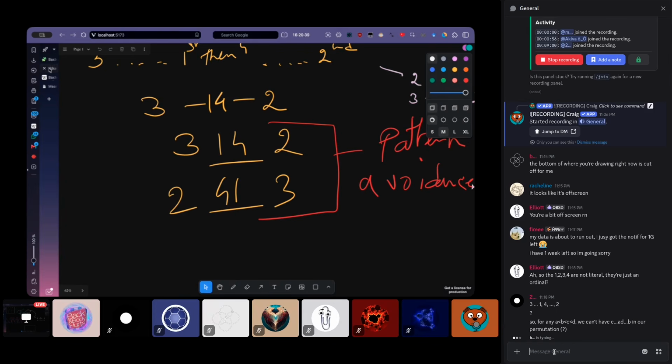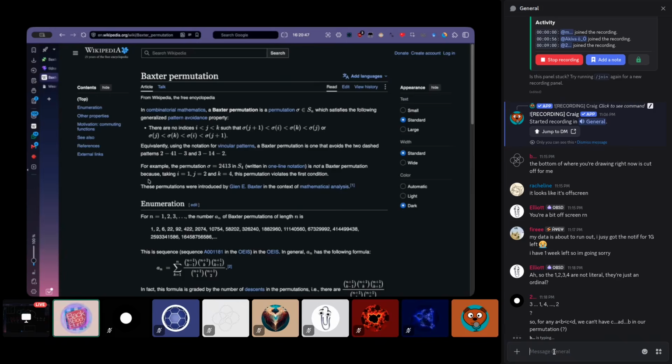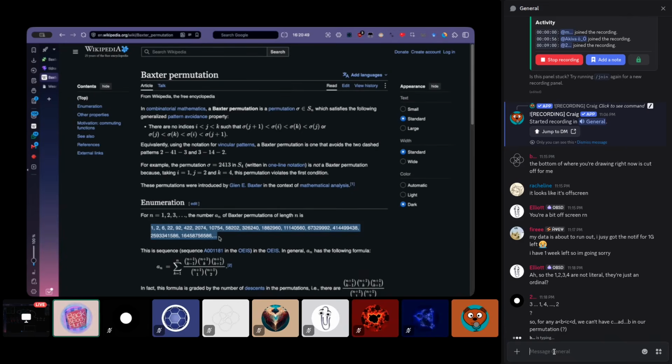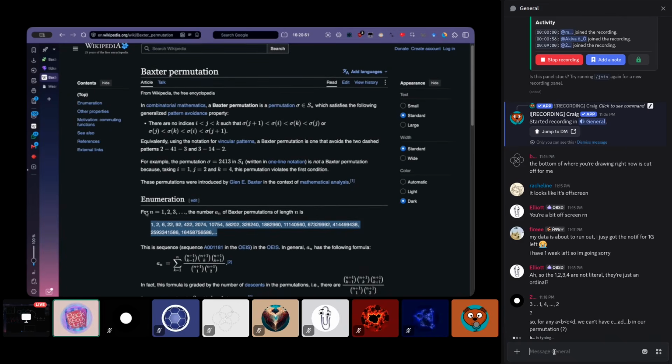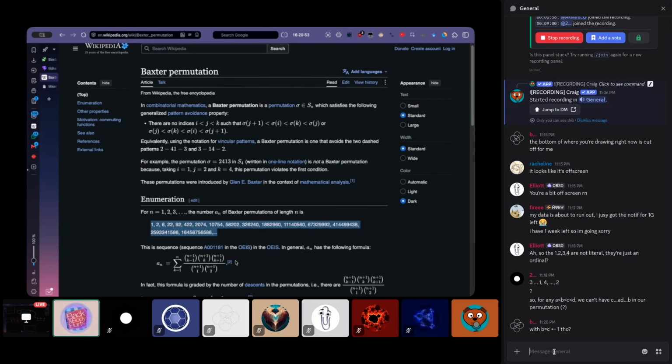And as we will figure out, there are a lot of these permutations, and there's actually a sequence and a generating formula. No, B is not equal to C plus or minus 1. No, the values don't matter. It's just the ordering.